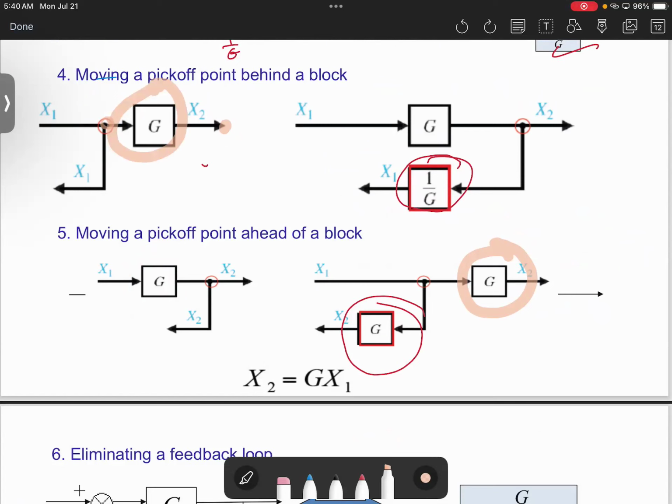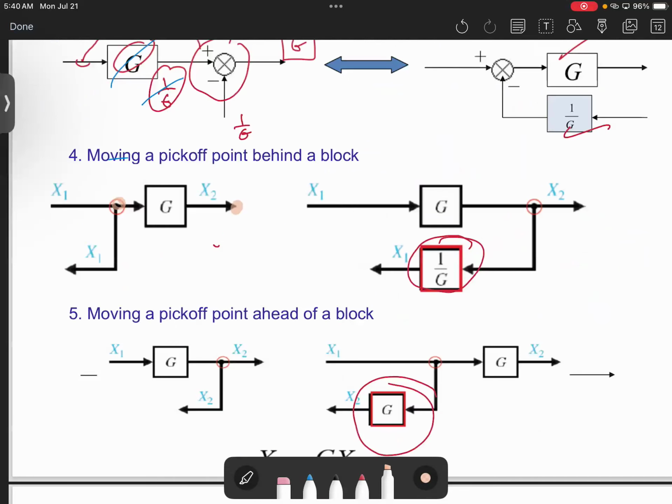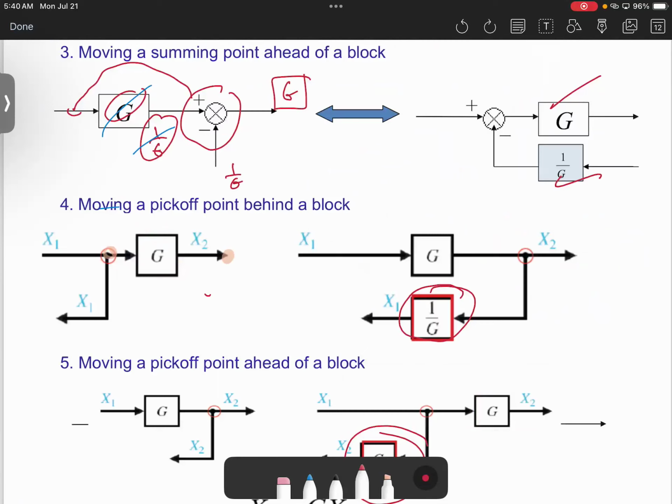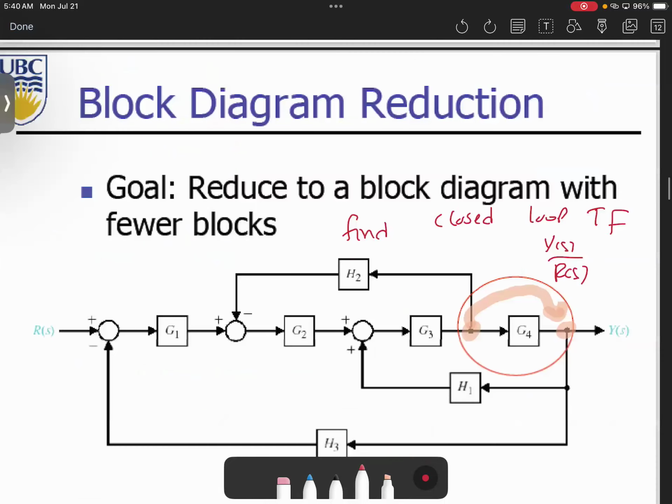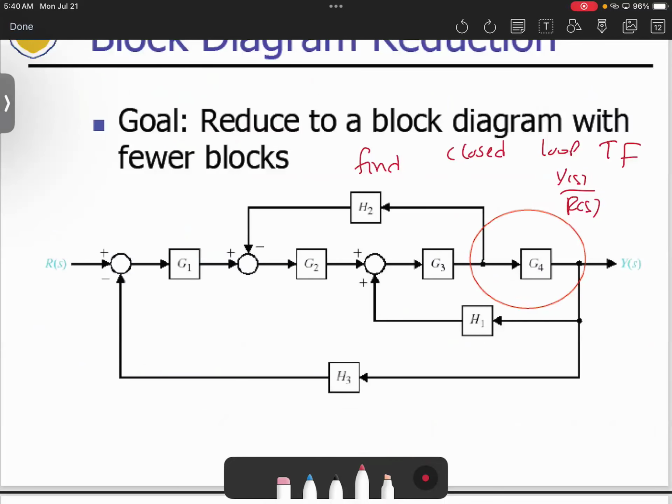It's number 4. We are on number 4, where G4 is located here. We will move it here. So G4 will remain here, and we divide by G4, 1 over G4.